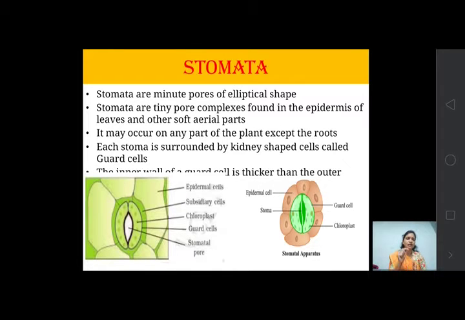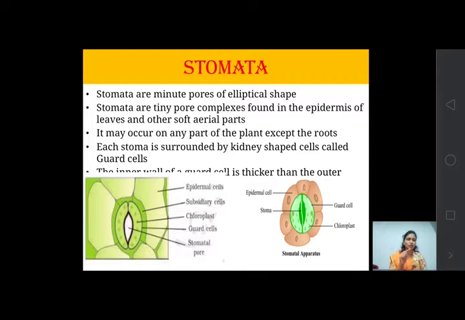Generally the term stoma means pore. This term stoma is applied to the stomatal opening, that is, the small opening present on the surface of the epidermis. This small pore-like structure is surrounded by kidney shaped guard cells.